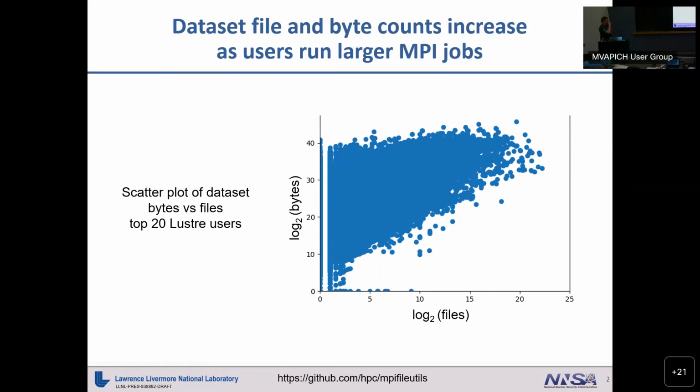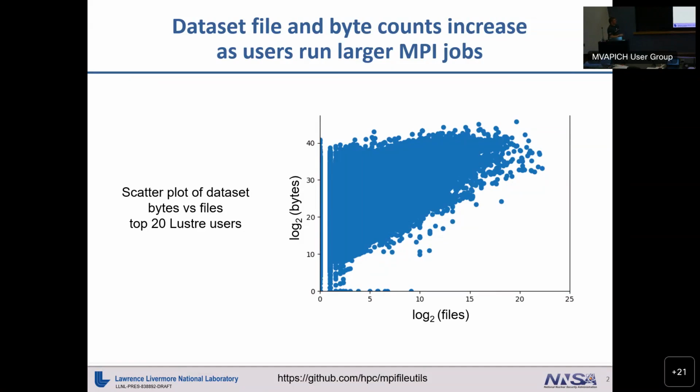This is a scatter plot of the top 20 Lustre users for one of our file systems. It shows the bytes written in a data set and the number of files that they generate, on a log-log scale with the bytes on the vertical axis and the files on the horizontal. 2 to the 10 is kilobyte size, then 20 is megabyte, then gigabyte.